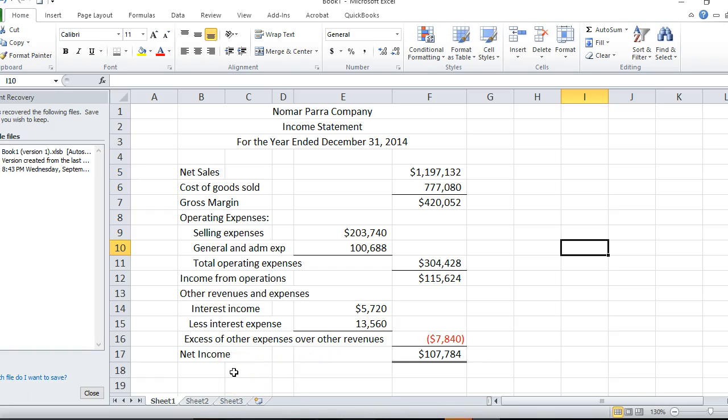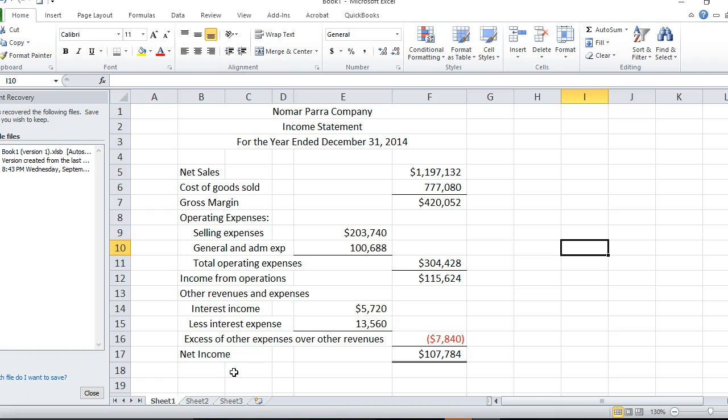What's different between what you see in the book and what you see with what we've just created? Does it provide you with more information? It allows us to see what our gross margin is, what our net sales minus our cost of goods sold are, doesn't it?